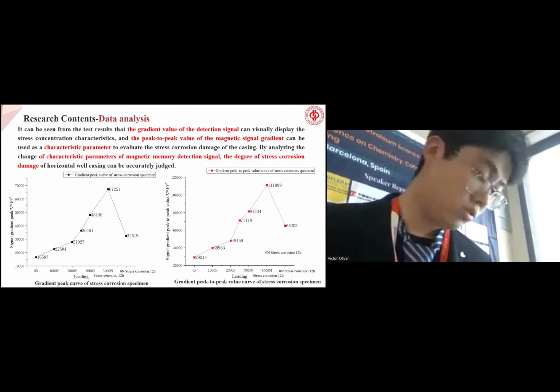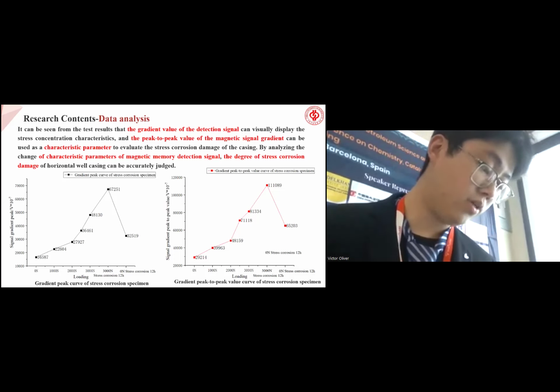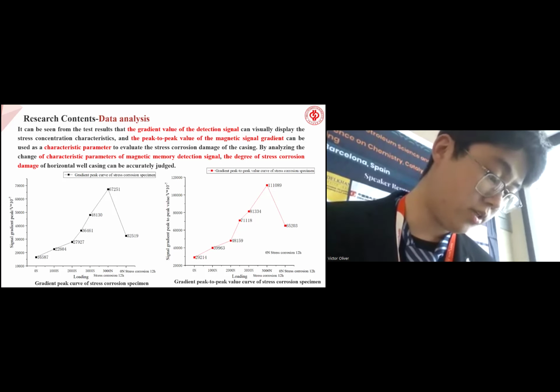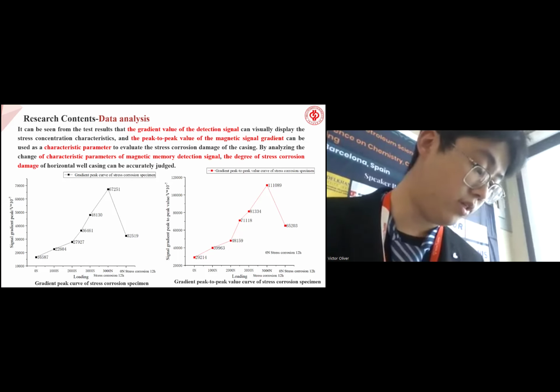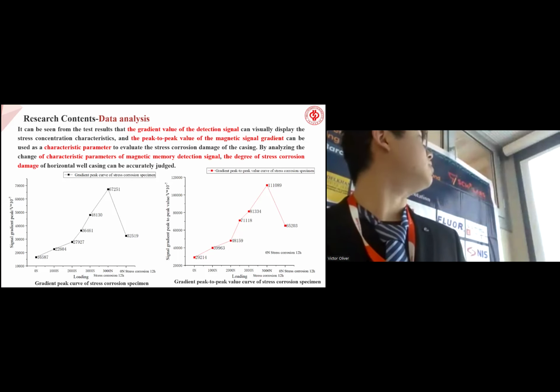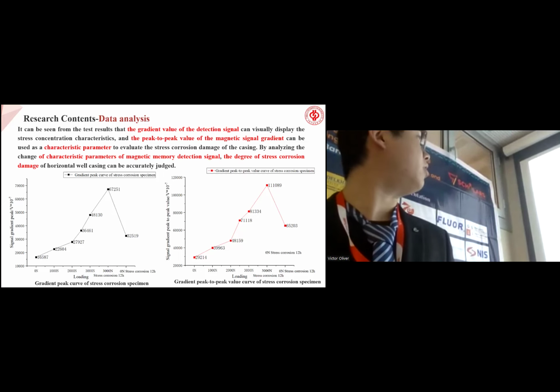When the loading load is consistent, the peak value and the peak-to-peak value of the magnetic field shown by the casing sample after unloading are much larger than before the stress corrosion experiments. By emphasizing the changes of the characteristic parameters of magnetic memory detection signal, the stress corrosion damage of horizontal well casing can be accurately judged.